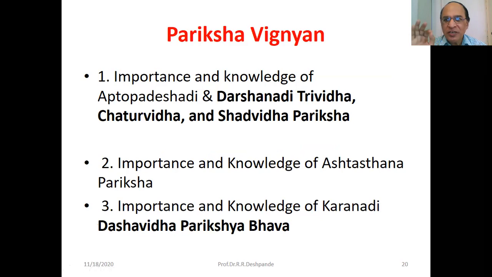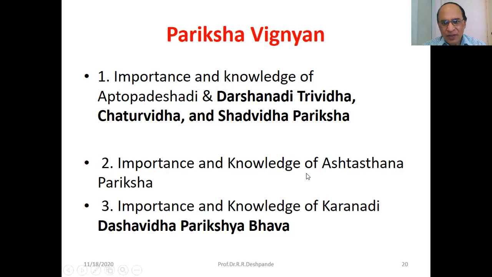Darshana, Sparshana and Prashna. Darshana means inspection, Sparshana means palpation, percussion and auscultation, and Prashna means history taking or interrogation. Chaturvidha Pariksha and Shadvidha Pariksha. Okay, Panchabhautik and Prashna Pariksha: Shabda, Sparsha, Rupa, Rasa, Gandha and interrogation.